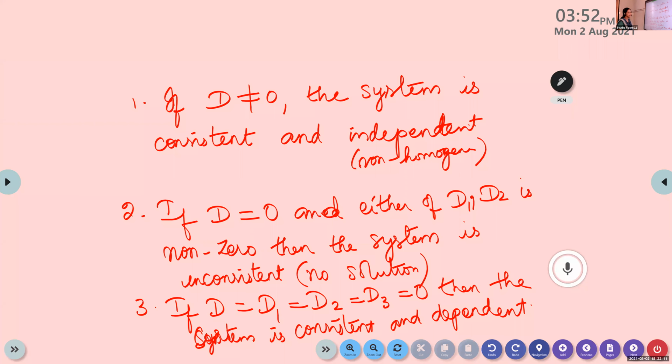What does dependent mean? Infinite solutions. If all the determinants are 0, then it is dependent and has infinitely many solutions.